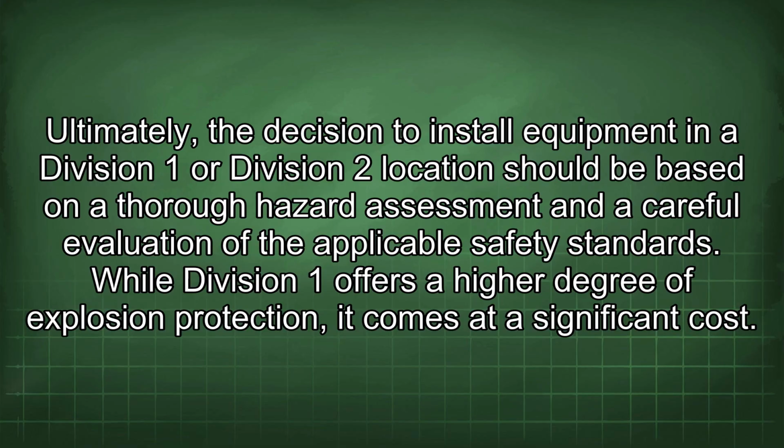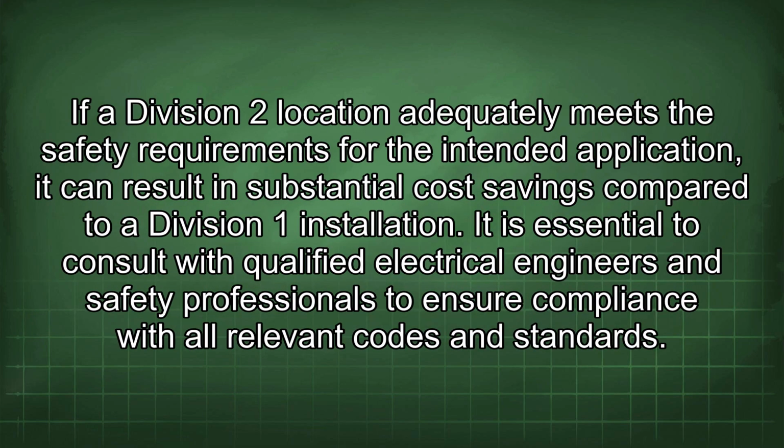While Division 1 offers a higher degree of explosion protection, it comes at a significant cost. If a Division 2 location adequately meets the safety requirements for the intended application, it can result in substantial cost savings compared to a Division 1 installation. It is essential to consult with qualified electrical engineers and safety professionals to ensure compliance with all relevant codes and standards.